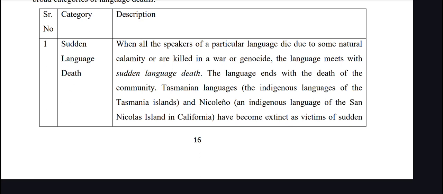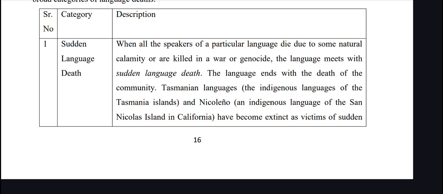Serial number one is sudden language death, when all the speakers of a particular language die due to some natural calamity or are killed in a violent or genocidal manner. The language ends suddenly with the death of the community.